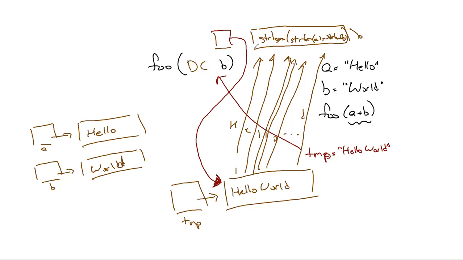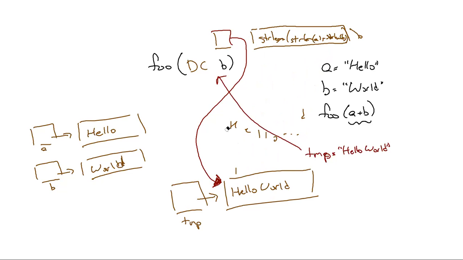Instead of allocating new memory and copying character for character and doing all this work, suppose we just rerouted the actual pointer down to the temporary memory that was created by the A plus B. Suppose we did that. Would that be okay?